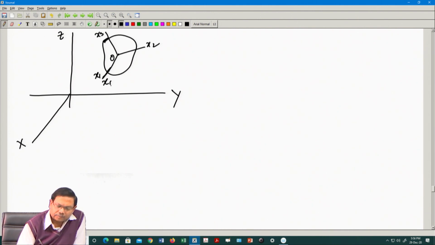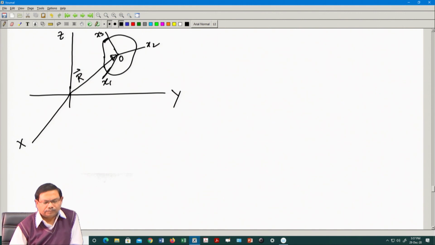And the center of mass has a radius vector r. So, the center of mass has a radius vector r.